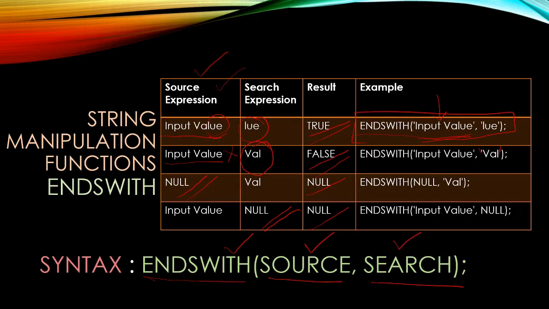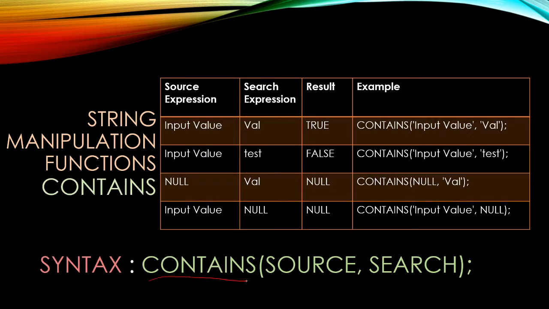Without wasting time, let's go with CONTAINS also. The syntax is the same, and as it is self-defined, if the source expression contains the search expression, then it will result as true, otherwise it will return false.